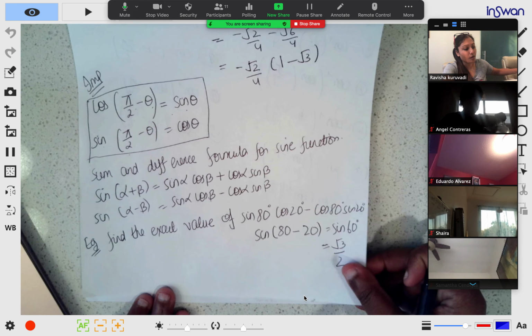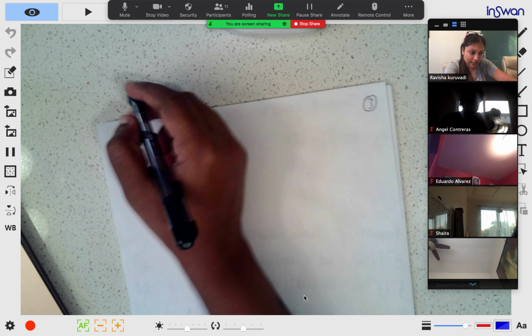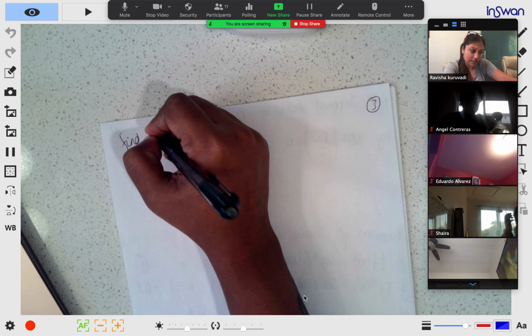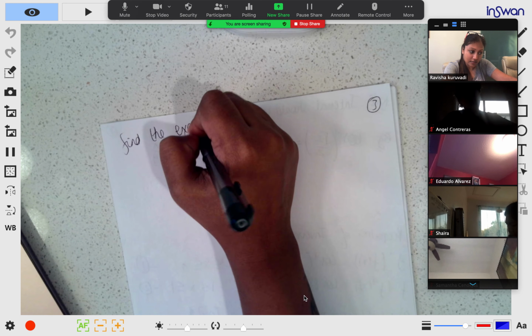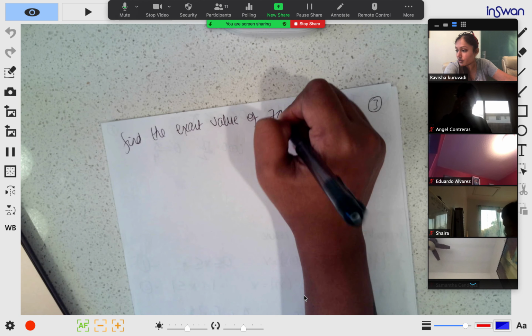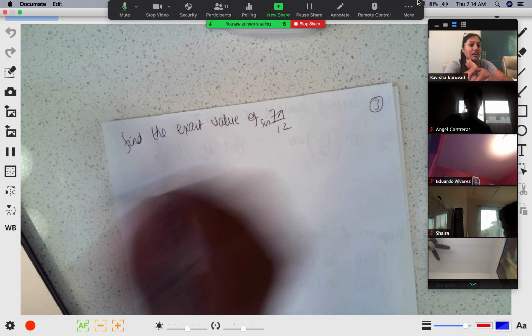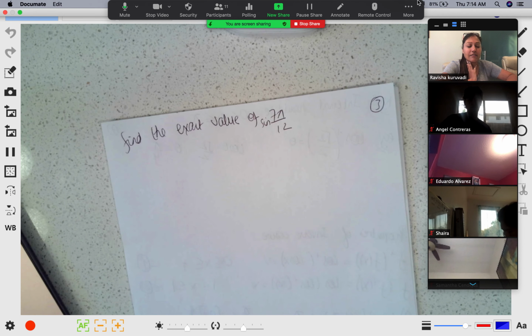Let's do one more problem here. So it says find the exact value of sine 7 pi by 12. You have to find the exact value of sine 7 pi by 12.